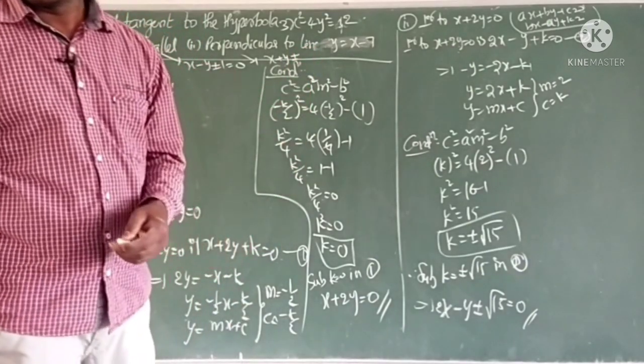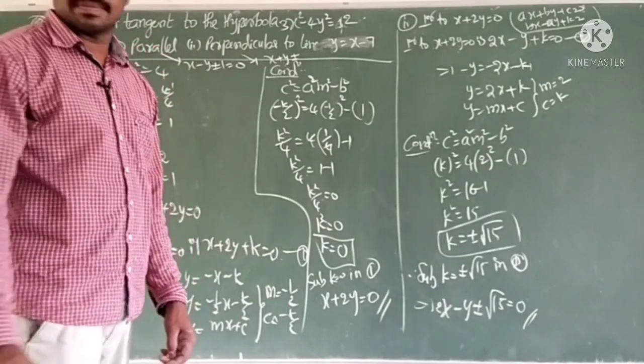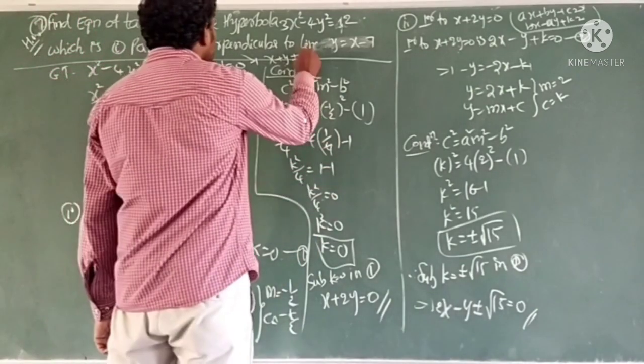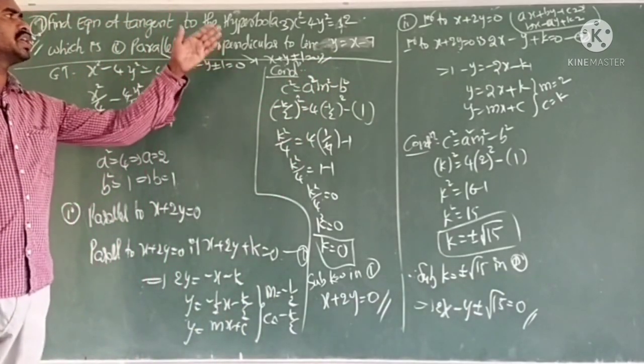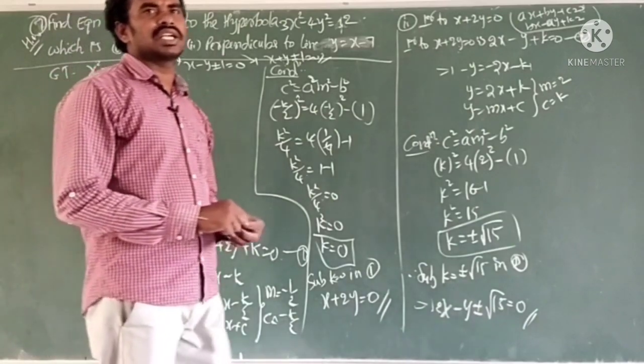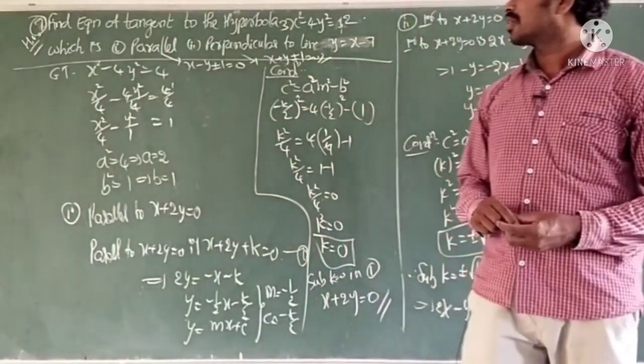Sorry, check it once. Here I don't have a clear answer. You do it, you will get the correct answer. Compare it with the answer in the textbook. Okay, thank you.